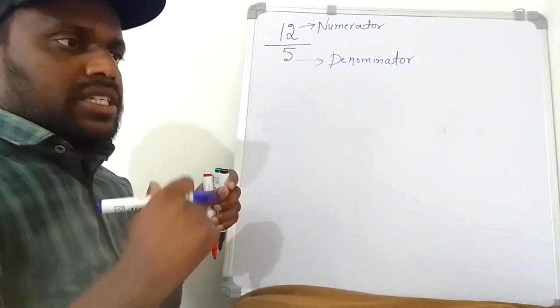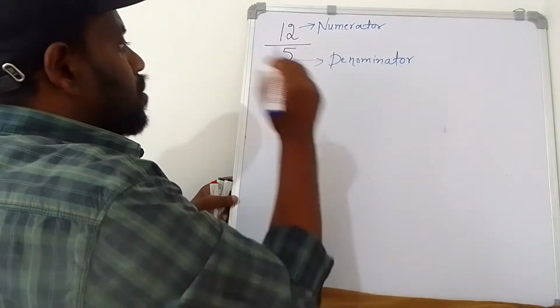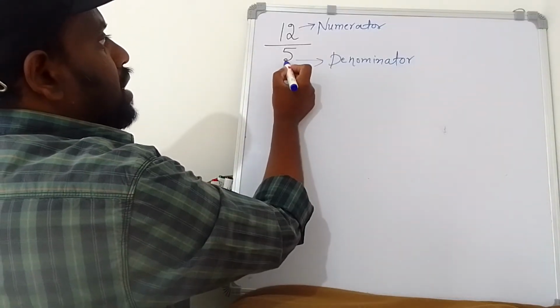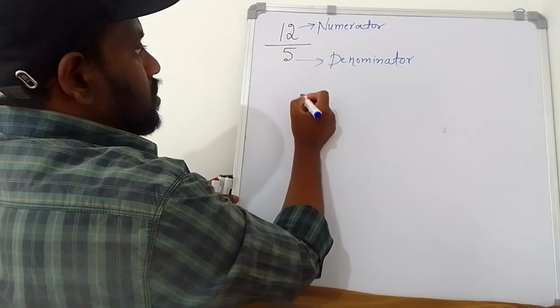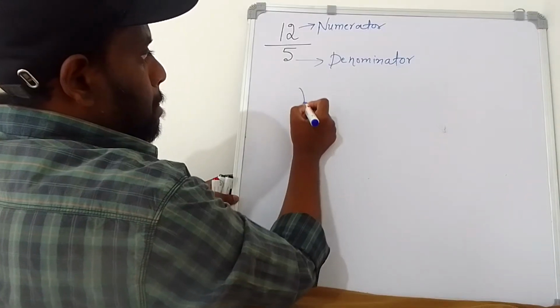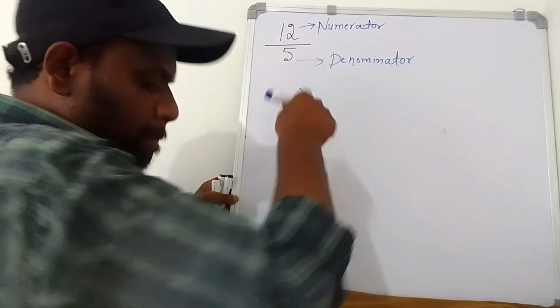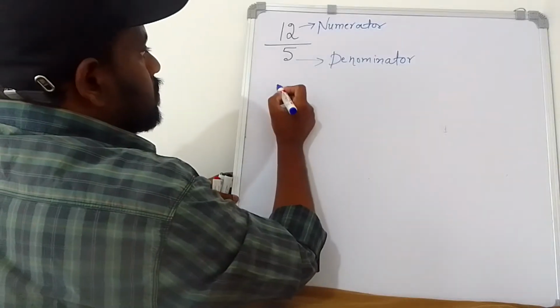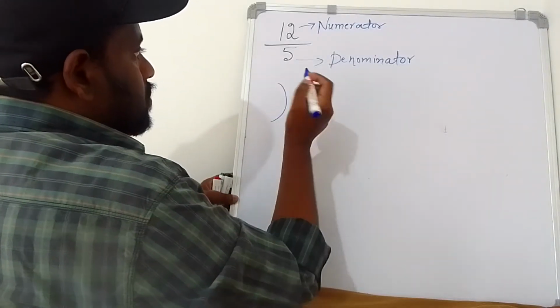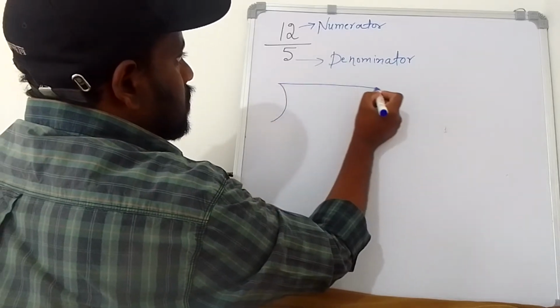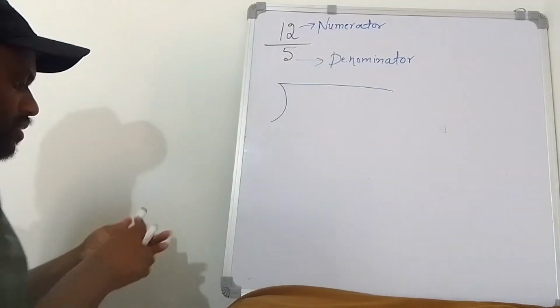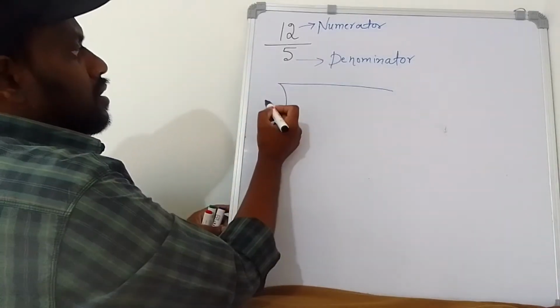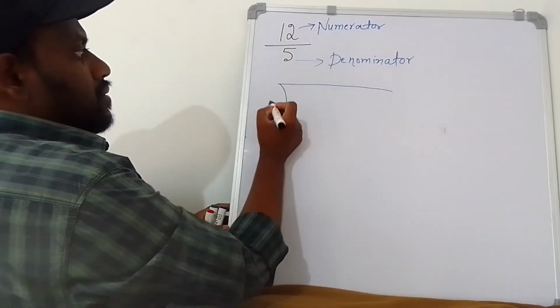I will explain the division process. First write like this. Here write this denominator.